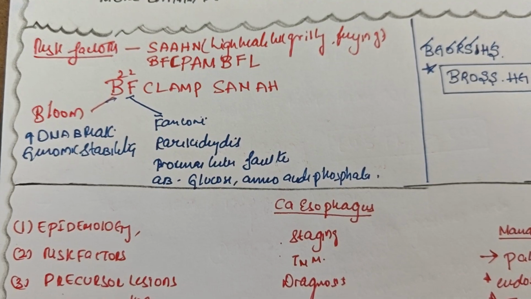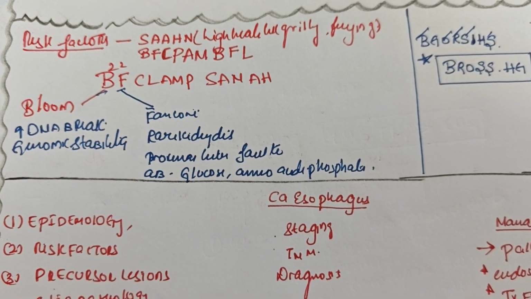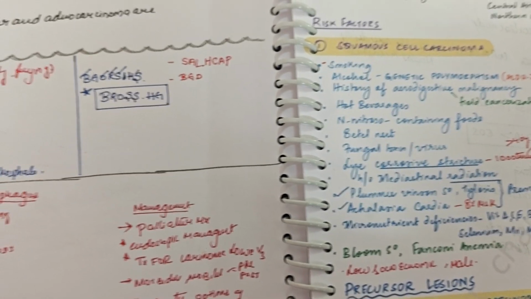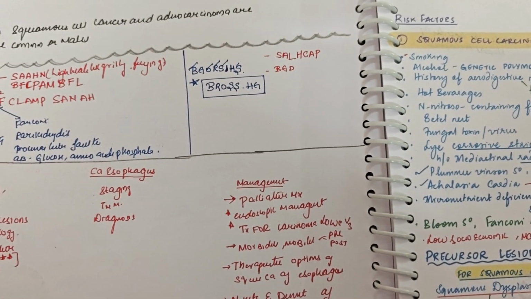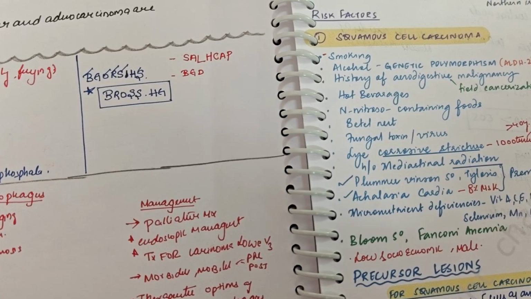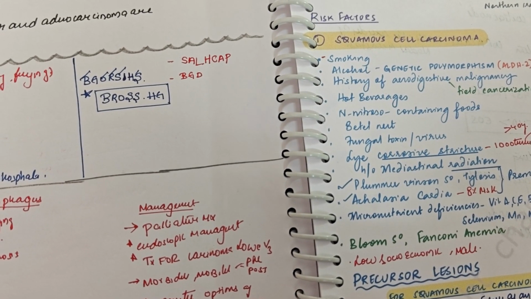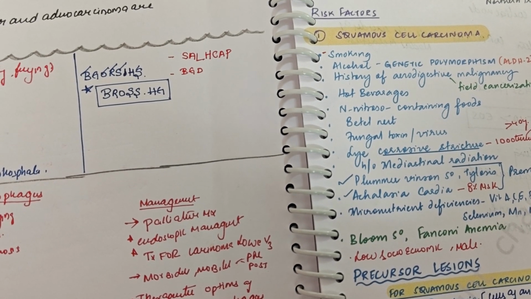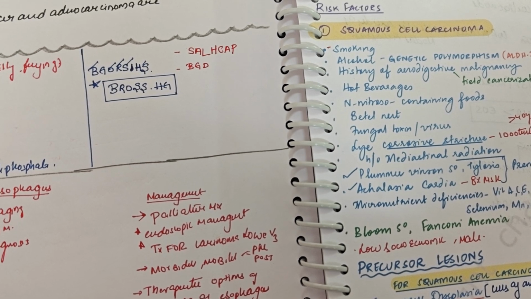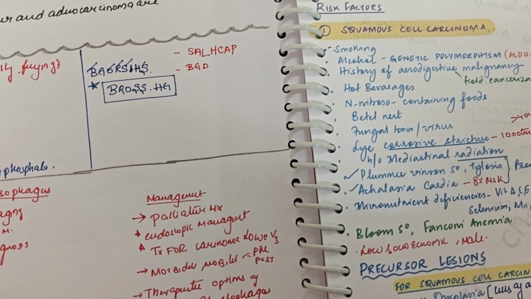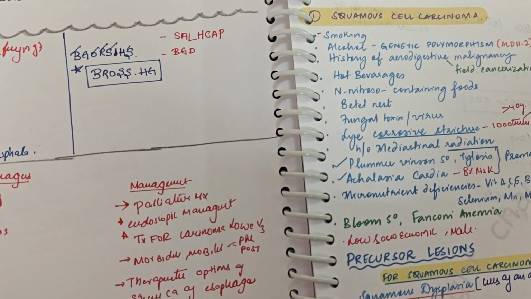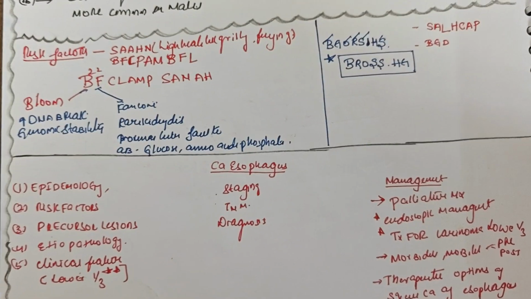Next, A is achalasia cardia. N is nitroso containing foods. Then H is hot beverages.